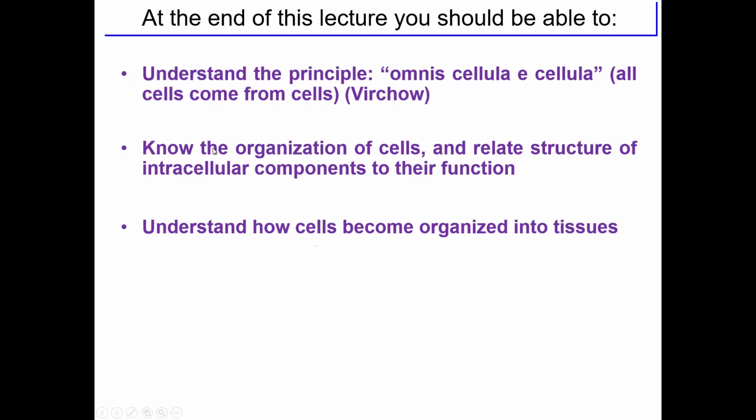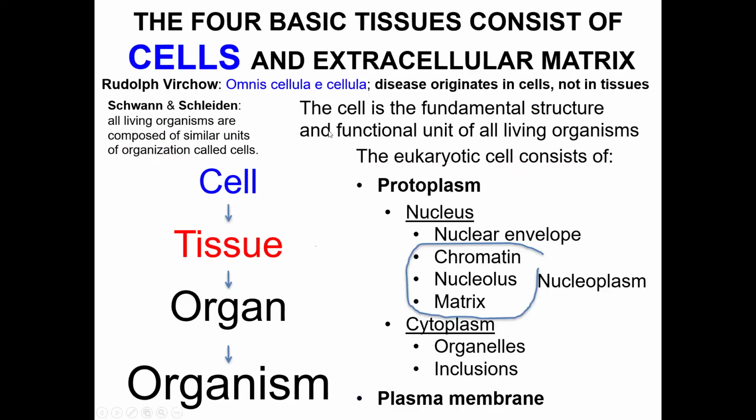So we will look at the organization of the cells and relate the structure of the intracellular components to their function. And we will understand how cells become organized into tissues. I will explain many things about cells as we go along through this course, but today I will briefly tell you just a few things.